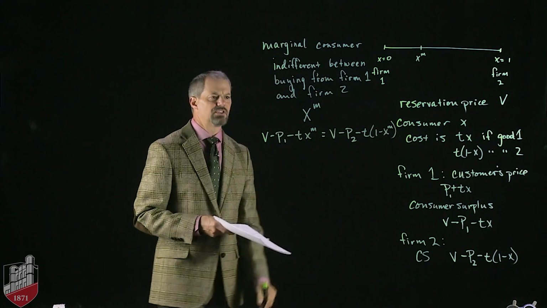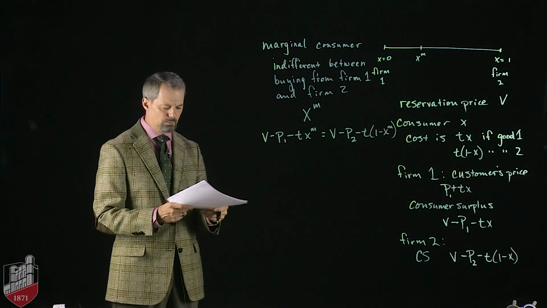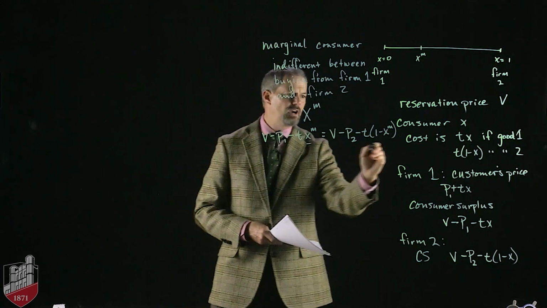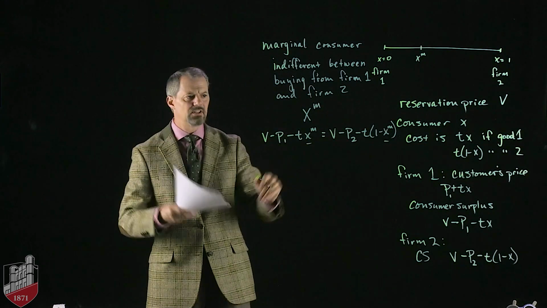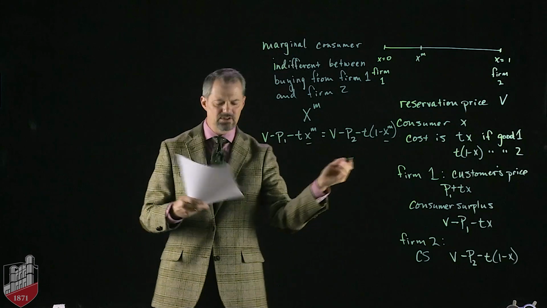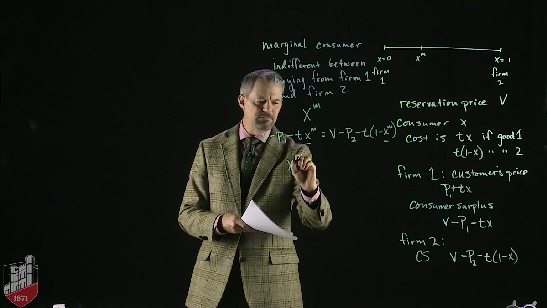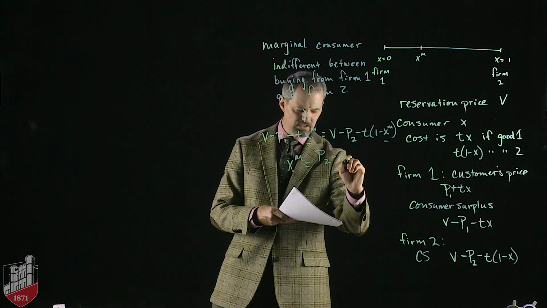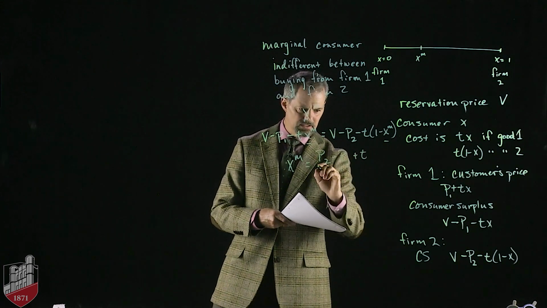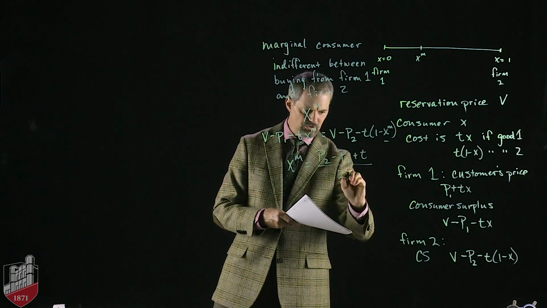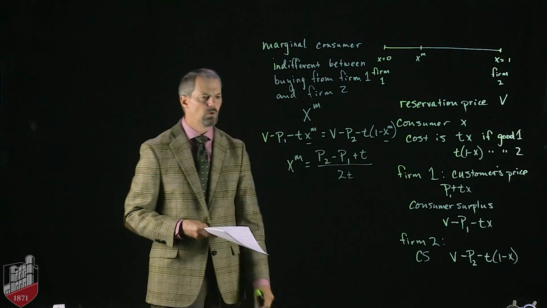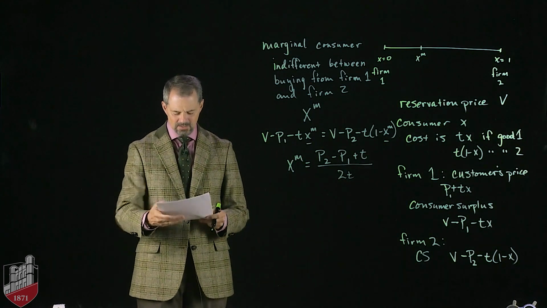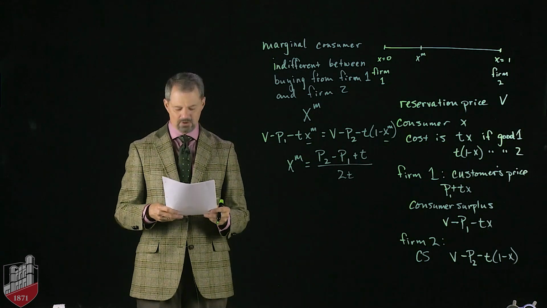You can solve for XM with a little bit of algebra, which is not hard. You're going to get P2 minus P1 plus T over 2T. There's what you're going to get if you solve that for the address of the marginal consumer.